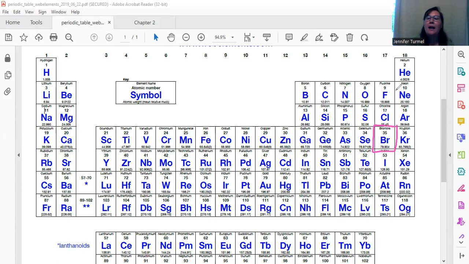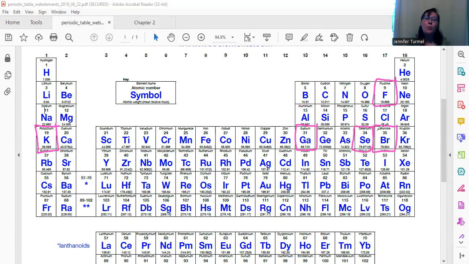We've got bromine and we have fluorine, and we have gallium, which is right here, and we have potassium over here, and we have selenium right here.